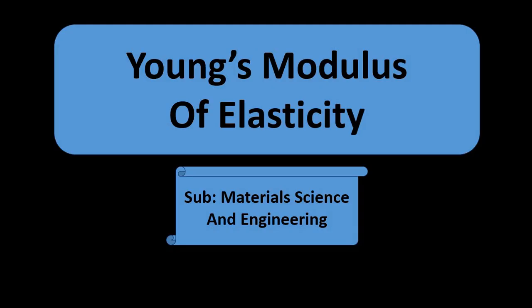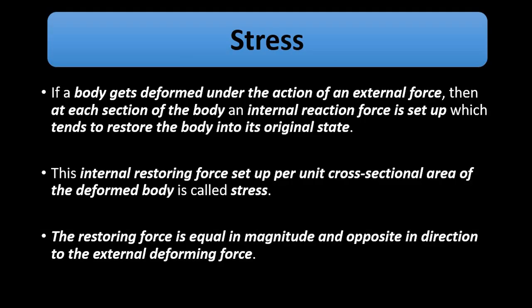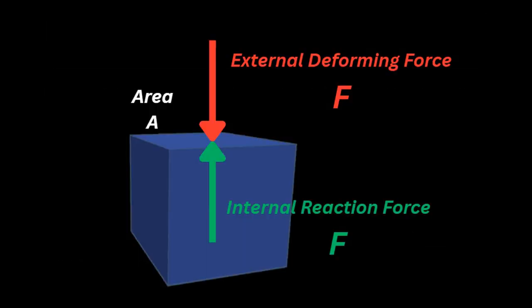So just a quick review, stress is basically the internal reaction force to the externally applied deforming force. When an externally applied force is given to a particular body over a particular surface area, an internal reaction force is generated, and that reaction force acting per unit area is called stress, and it obeys Newton's third law, action and reaction.